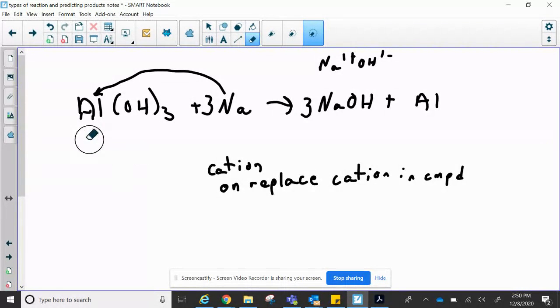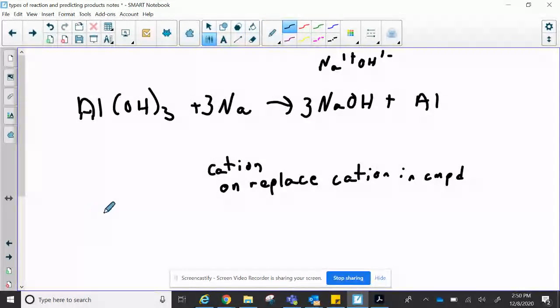So if instead we had kind of the opposite, that's a good way to look at this. If we started with NaOH plus aluminum, now we need to look at the aluminum on our activity series.